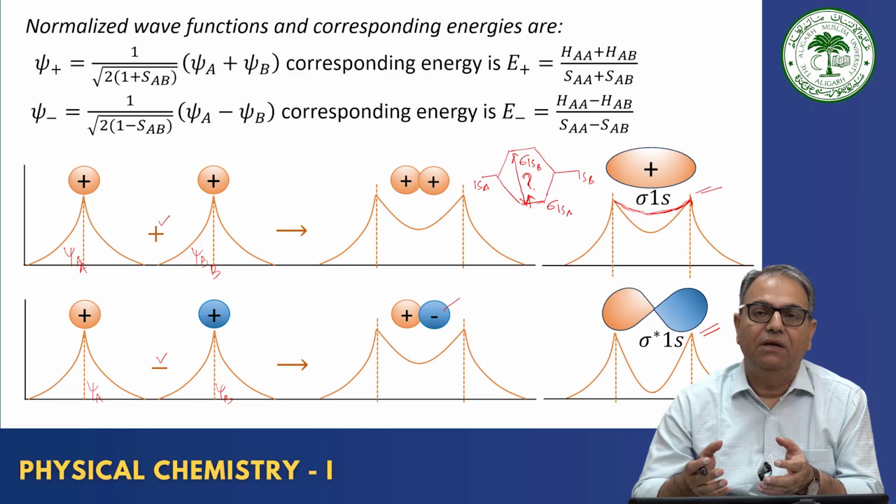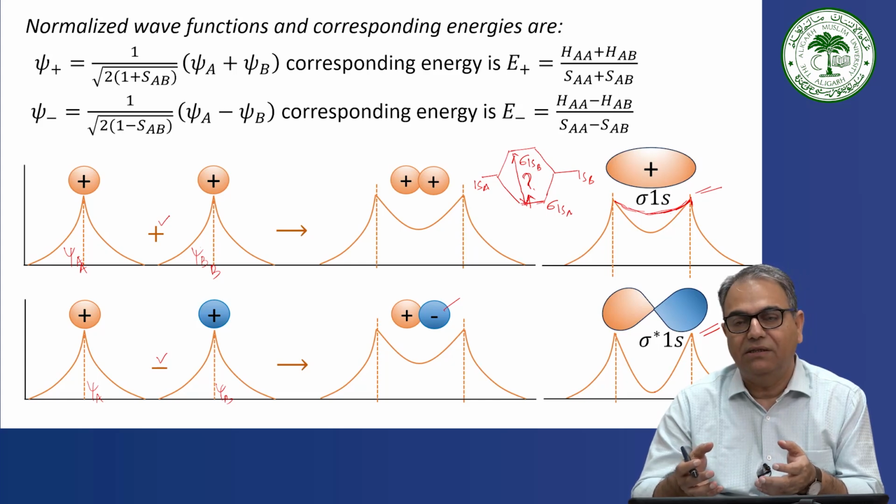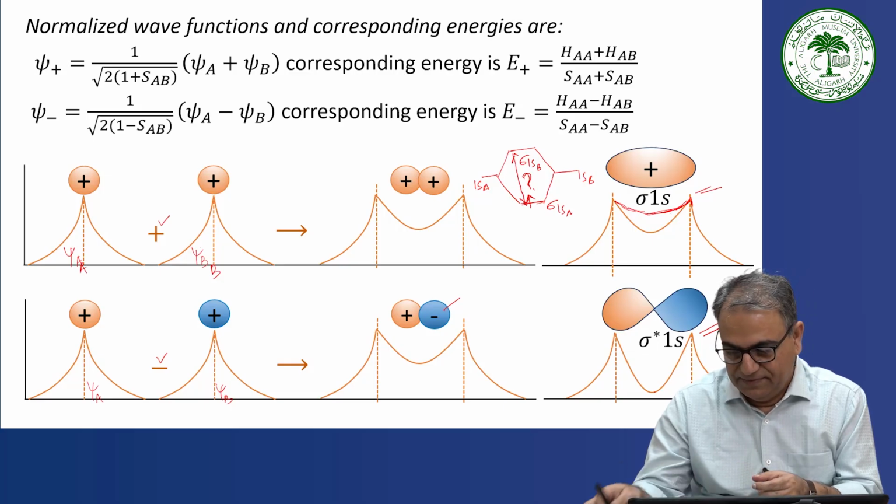What does it mean? How can we find the value of the energy? The value of the energy should be in units of energy, and HAA, HAB, SAA, SAB are integrals. So we will see how we actually find the energy, what that energy tells you, and what the energy gap is between these two energy levels, in the next module. We will talk about this. Okay, thank you.